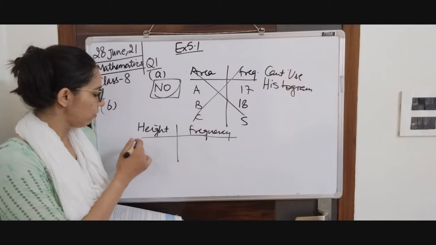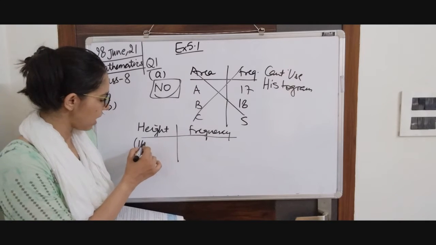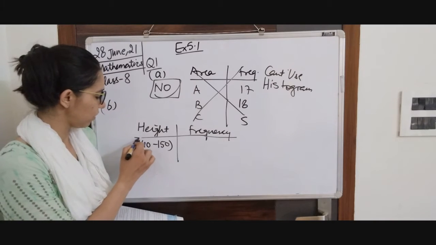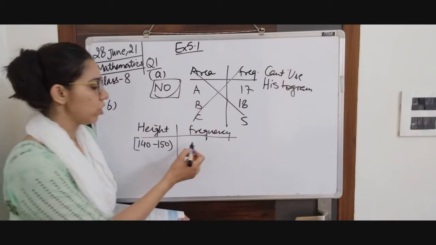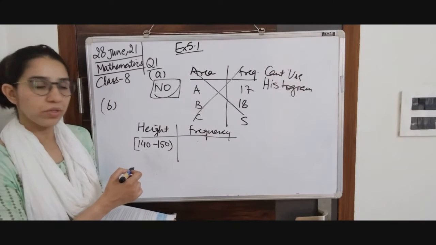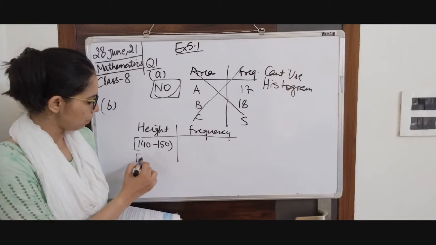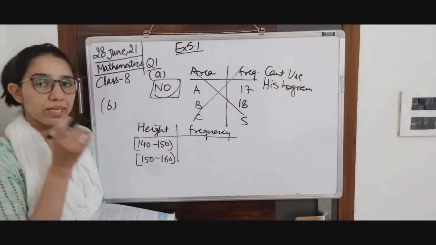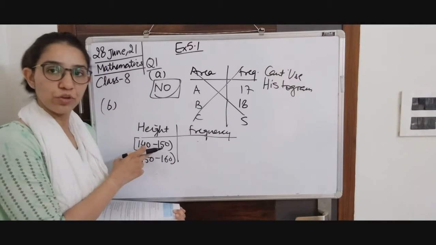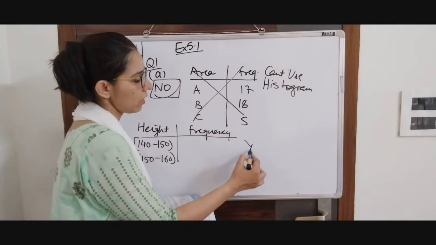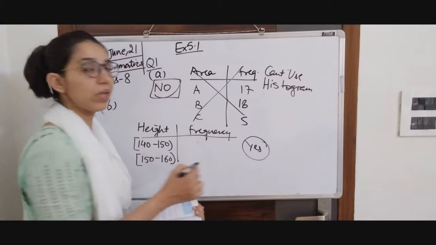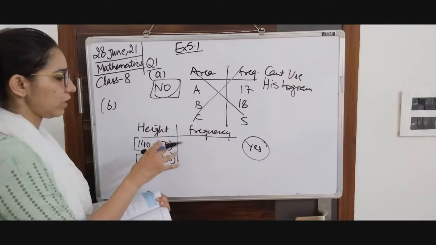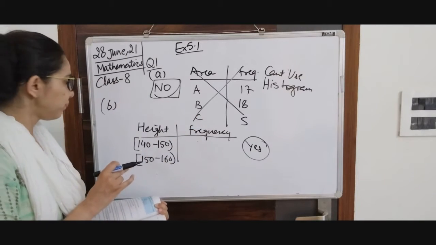We will say that the people having height between 140 and 150 are going to be grouped in this row. People having height between 150 to 160 are going to be grouped in this one, and so on. So we are using class intervals. So obviously for this one we are going to use histogram. You just have to write yes or no. This table making is for understanding.